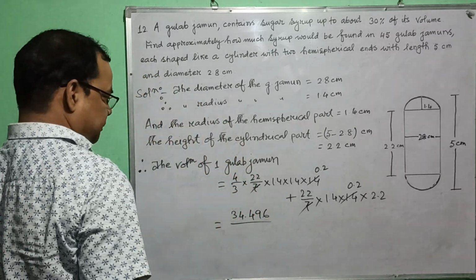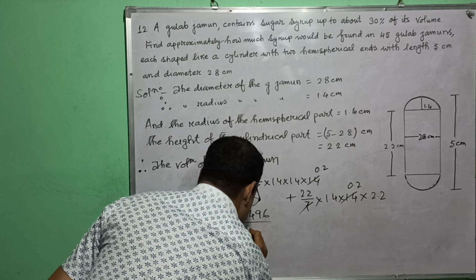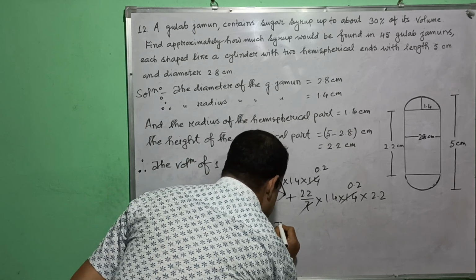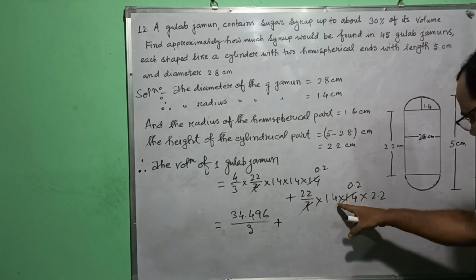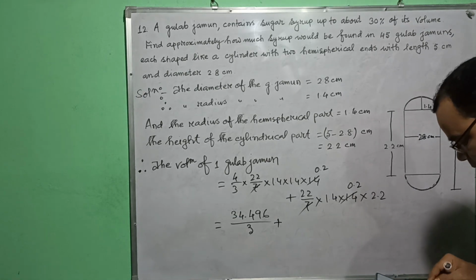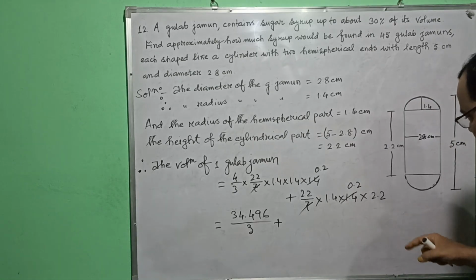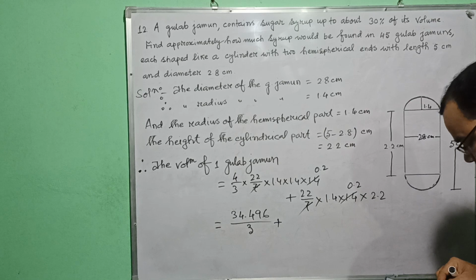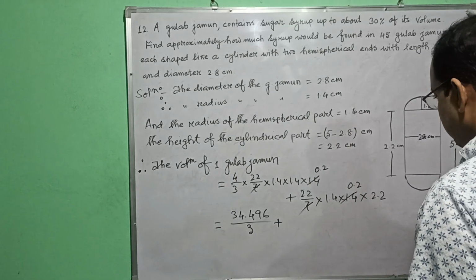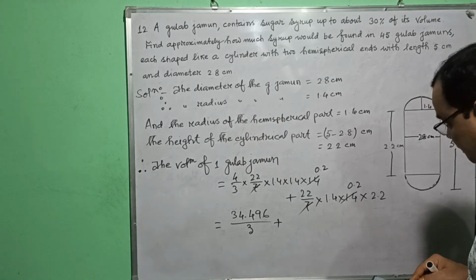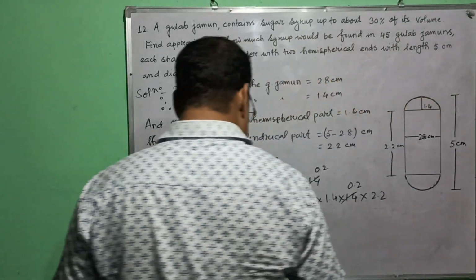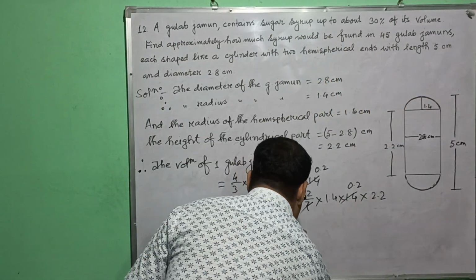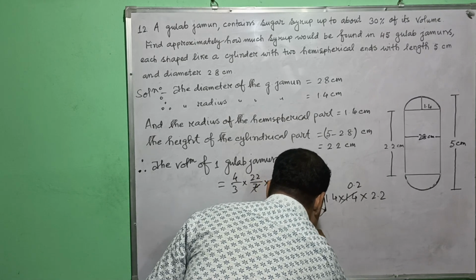So it is 34.496 divide 3 plus, now we'll multiply that one, 22, 1.4 into 0.2 equal to that one into 2.2 equal 0.616 into 22 equal 13.552.